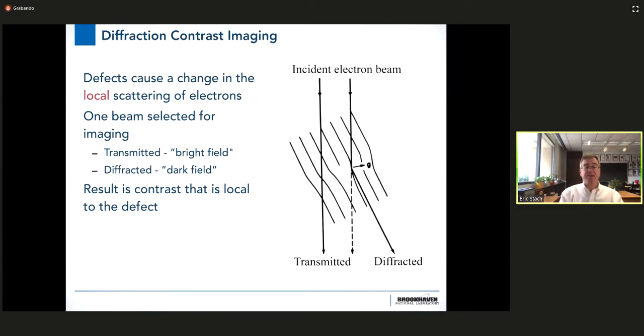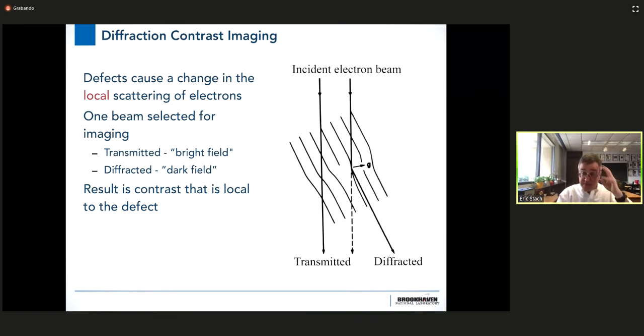But because it's an extra half plane that's jammed within the crystal structure, it strains the crystal structure locally and leads to changes in the local diffraction conditions. So this is why we see what we see: in the areas of perfect crystal, your diffraction conditions are different than they are local to that defect. And so we selectively tilt the sample to enhance the scatter from the defects.